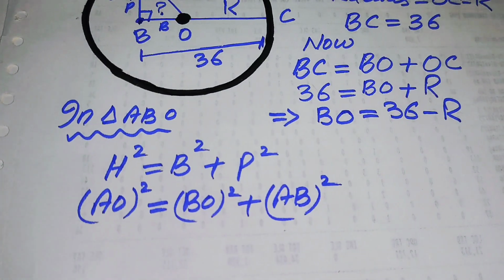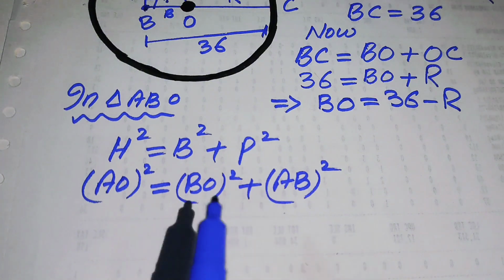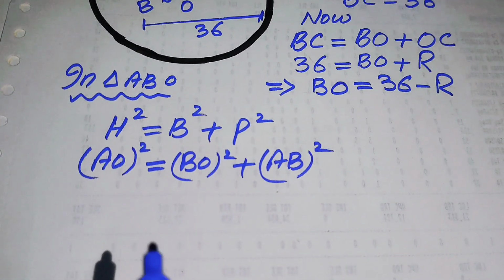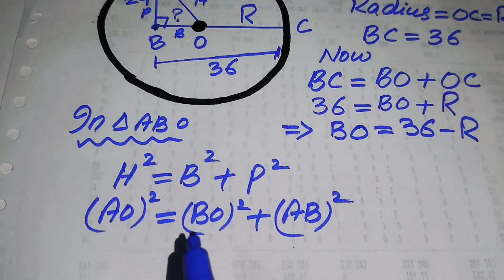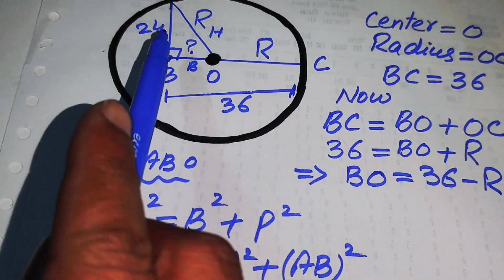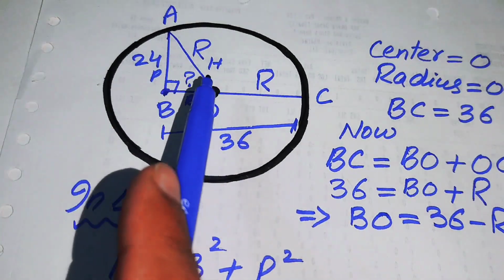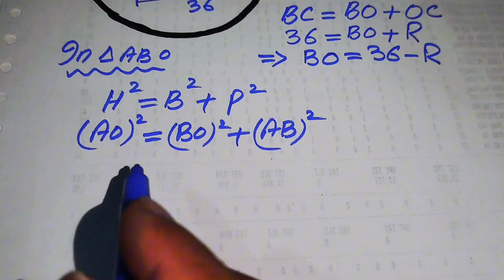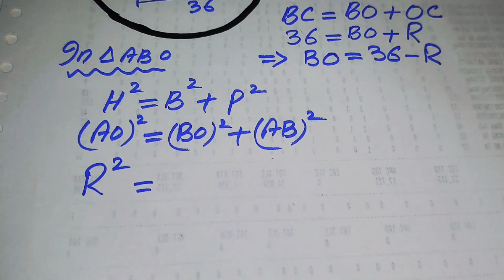Now we substitute all the values of hypotenuse, base and perpendicular in this diagram, and we move towards our final solution. The AB distance is 24 and the AO distance is R, so its square becomes R square.